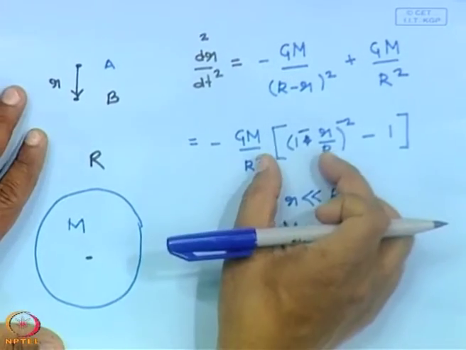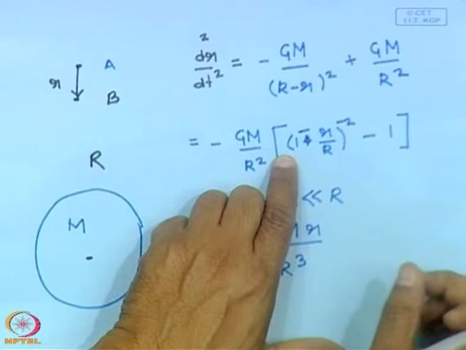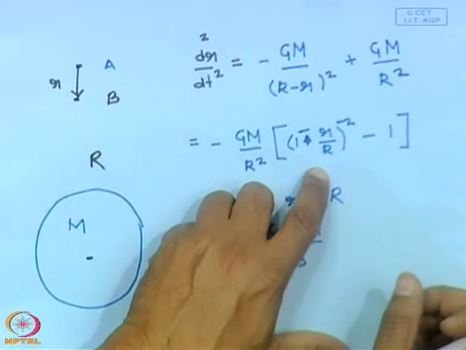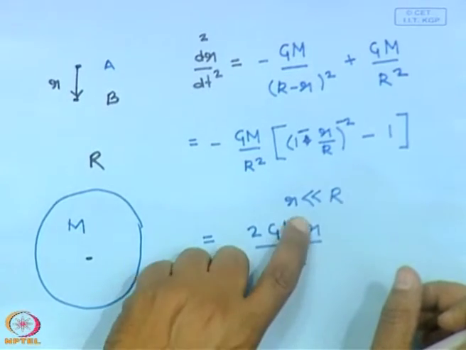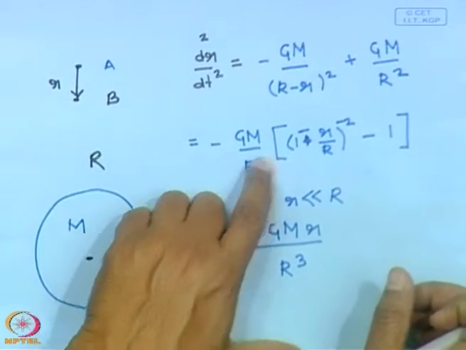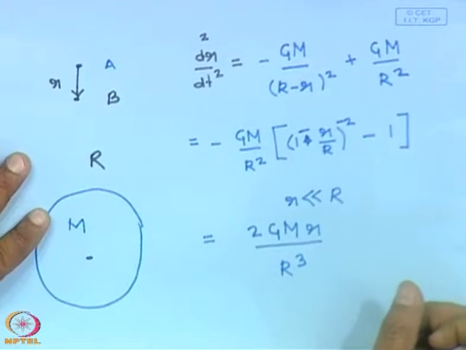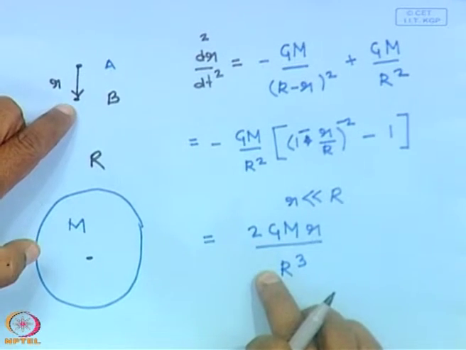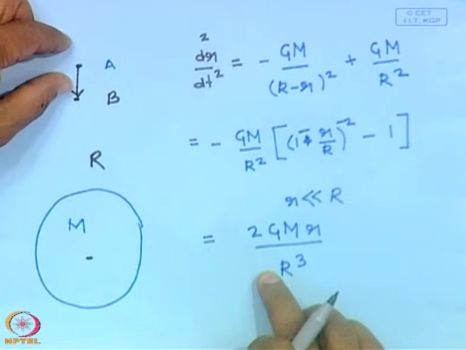I am doing a Taylor expansion in this. So, the first term is going to be 1, second term will be plus 2 small r by large R, which gives me this when I multiply it here. The 1 will cancel out with this. Okay. So, this is the acceleration of B relative to A.